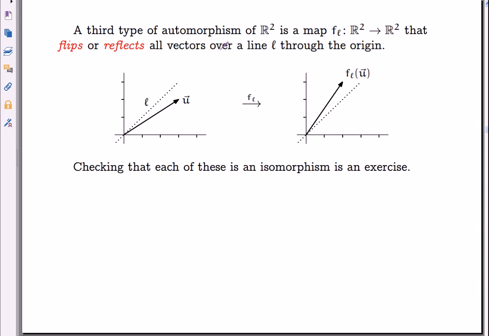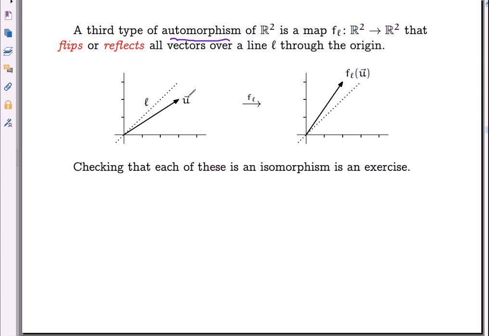Here's another type of automorphism. In this case, we're choosing one particular line L in R2, and we're mapping vectors in R2 to their mirror image reflection, under the assumption that the mirror is the line L. So what's mirror image reflection?